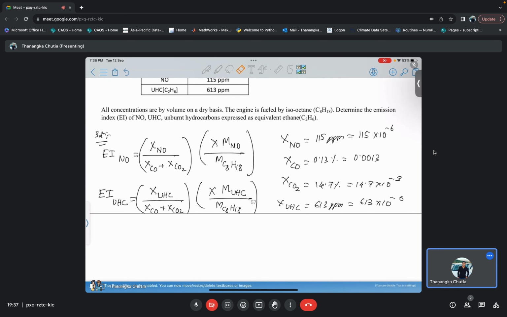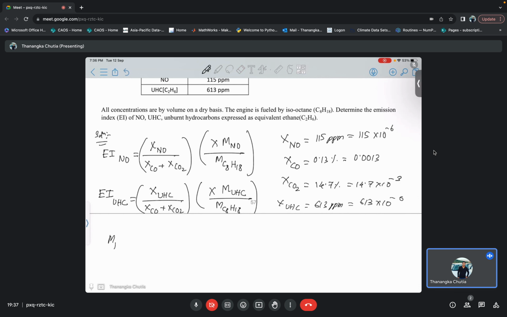Again, molecular weight of nitrogen oxide is equal to what? 30 grams per mole. Okay, and C8H18 is equal to what? 114 grams per mole.